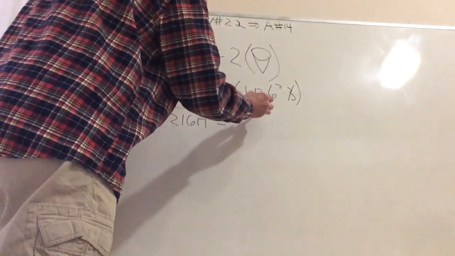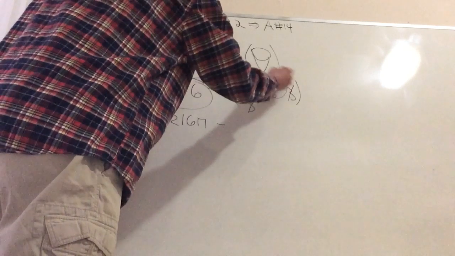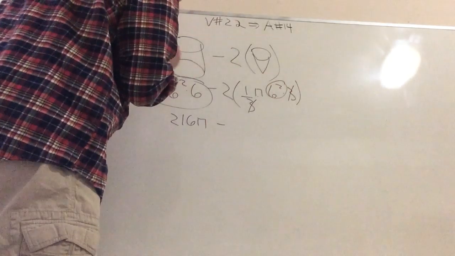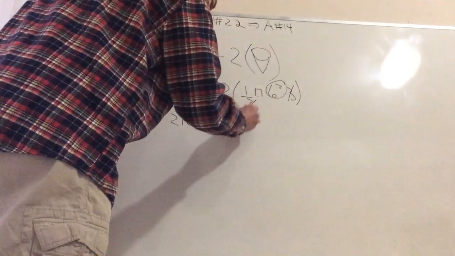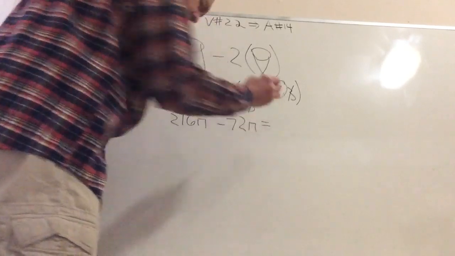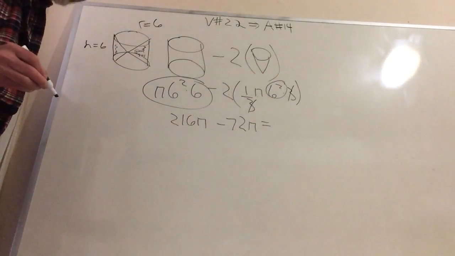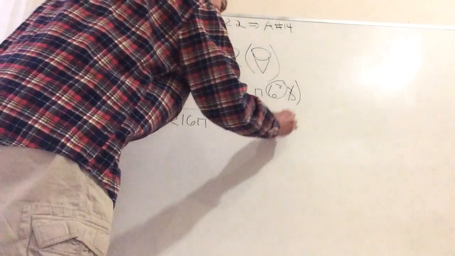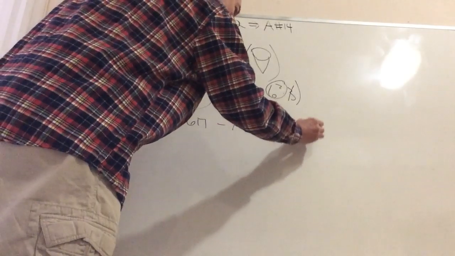So let's see, we have 36 pi, that's all that's left when we got rid of that, times 2, so that's 72 pi. And you can use a calculator if you don't want to be slowed up, but the answer turns out to be 144 pi.